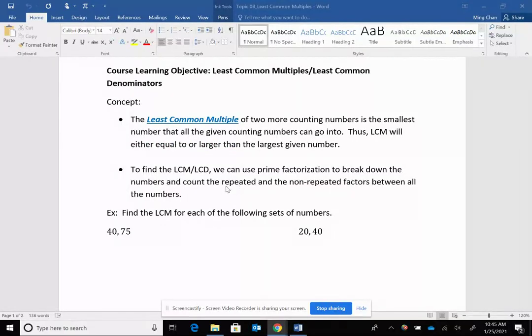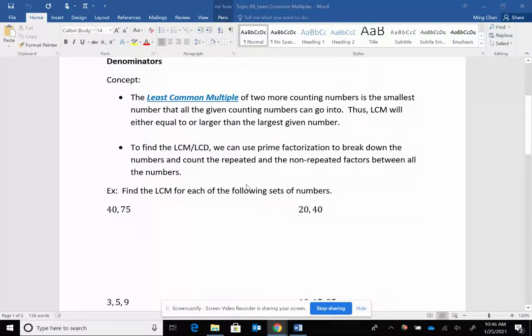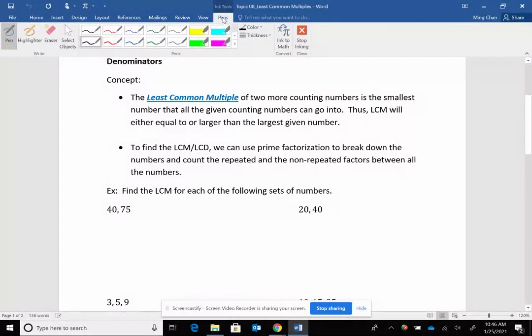Then we can account for the repeated and the non-repeated factors between all the numbers. The way I show you how to do the prime factorization, I'm basically going to do the same thing but with two numbers. Back in the prime factorization, we put our numbers inside the upside down division.